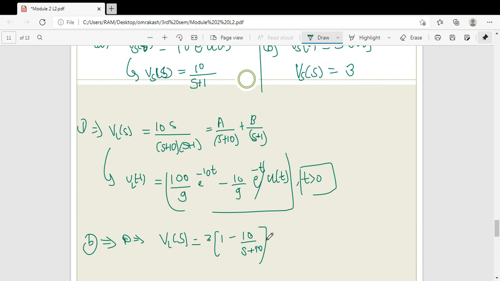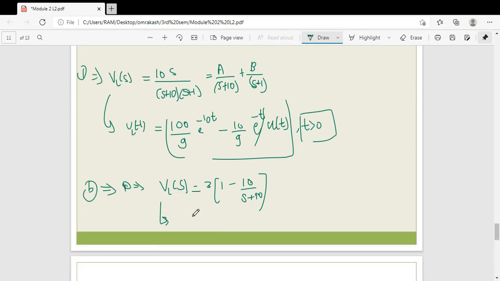When you take the inverse Laplace transform for this, you will get VL of t equal to 3 del of t minus 30 e to the power of minus 10t, for all t greater than or equal to 0. So when you solve this, you will get this value.